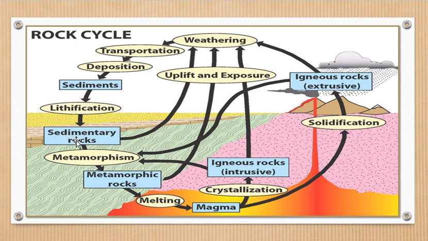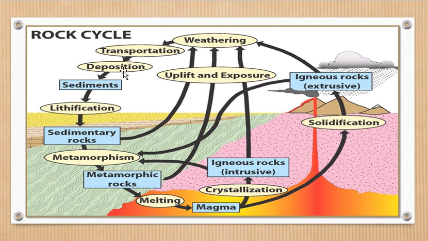Now, the sedimentary rocks can also undergo the process of weathering. The sedimentary rocks that formed may be exposed to some factors that cause them to break into pieces, so there is an arrow pointing into weathering.